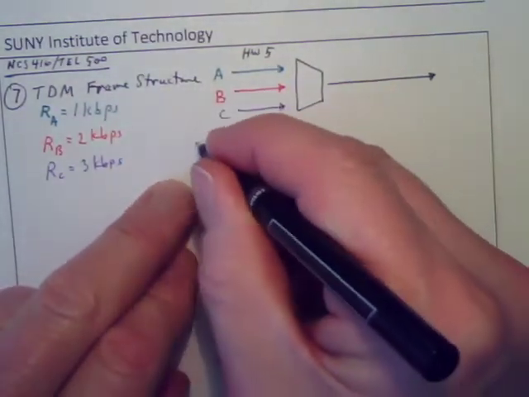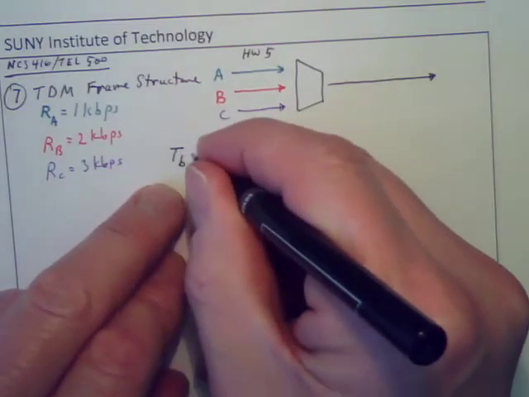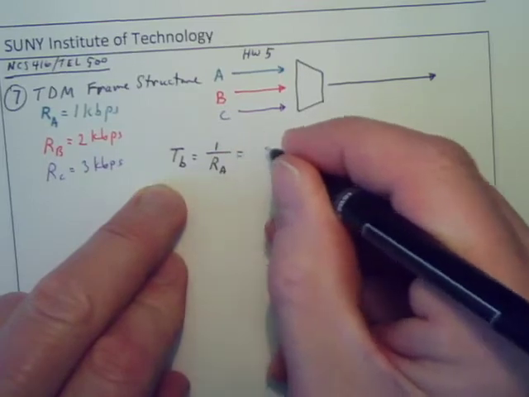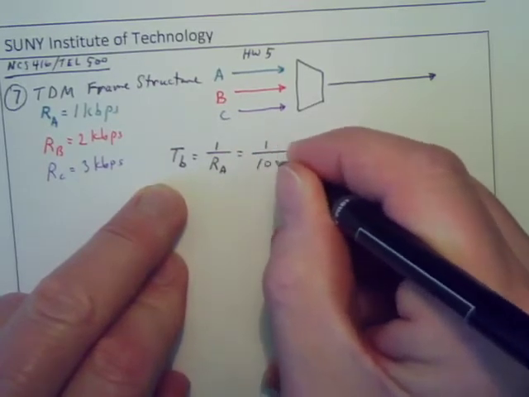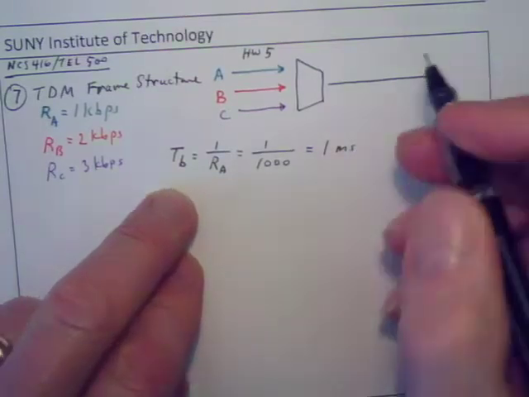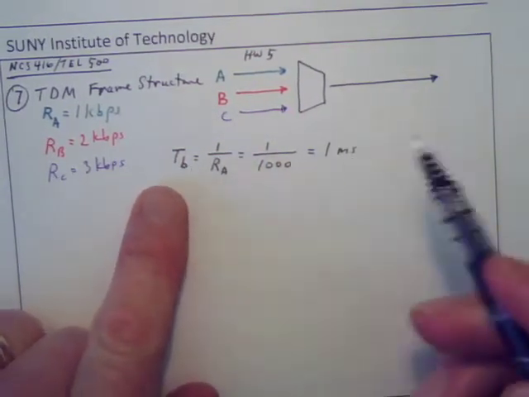In signal A, the time for one bit, the bit period, is 1 over the bit rate, which is 1 over 1,000, or 1 millisecond. So 1,000 bits per second, 1 millisecond per bit.